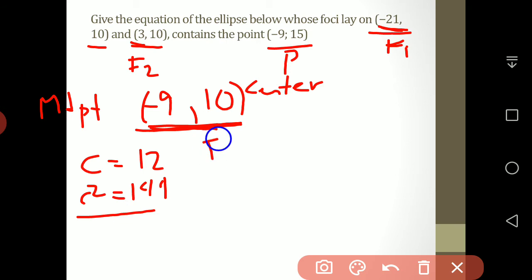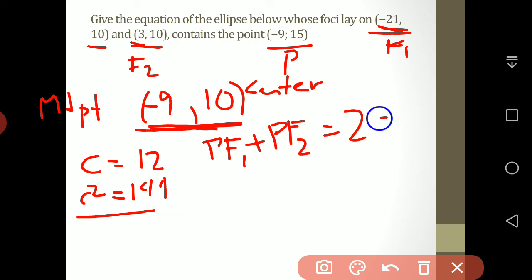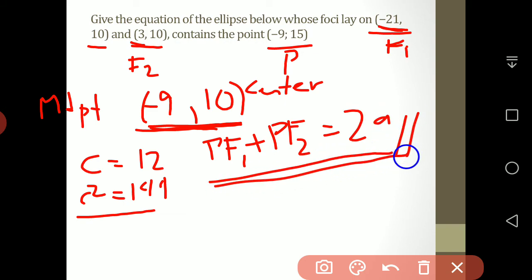We know that PF1 plus PF2 is equal to 2A. This is the definition of our ellipse. I need a lot more space here.